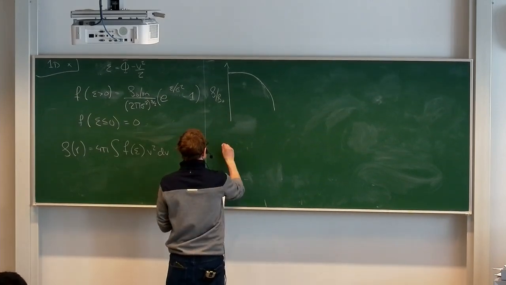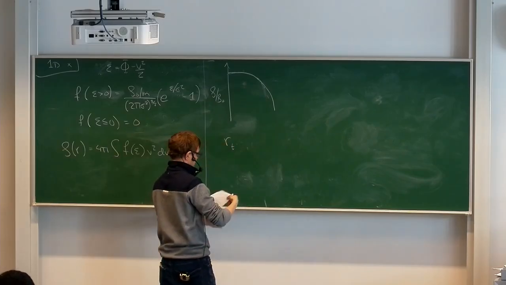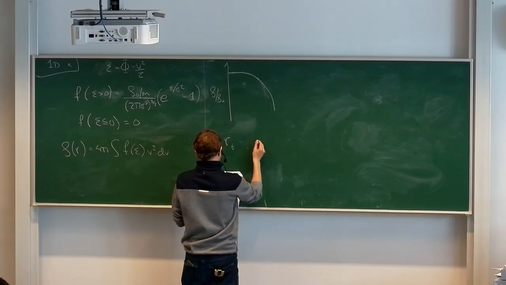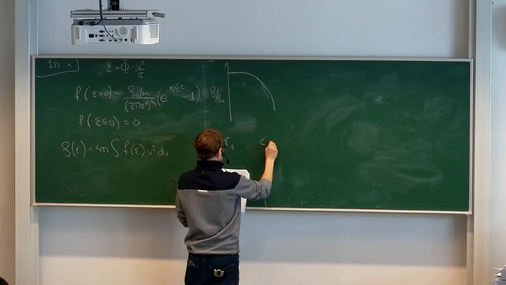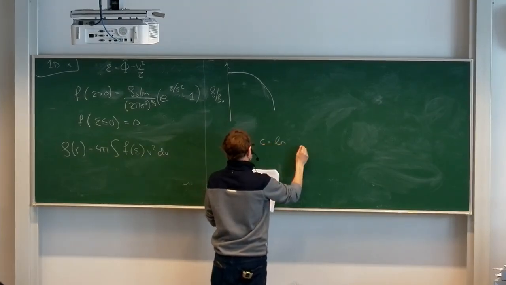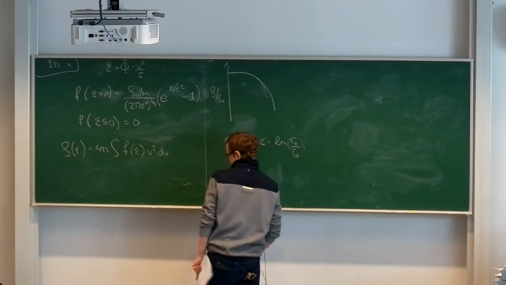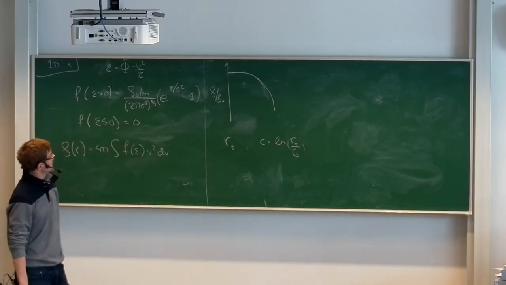At a radius called the tidal radius. This tidal radius is a concentration of the King profile, which essentially is the logarithm of the tidal radius divided by RC. And that's sort of a parameter that concentrates this.